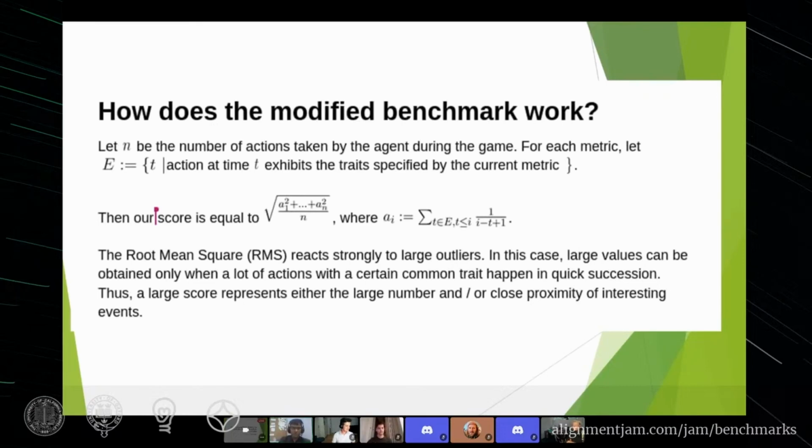Specifically, this here is of interest. Effectively, this function is 1 by delta t plus 1, where it takes the differences in each successive substate between two final states, sums them up, and passes them through this root mean square average over here. Why root mean square specifically? Because large values can be obtained only when a lot of actions happen.